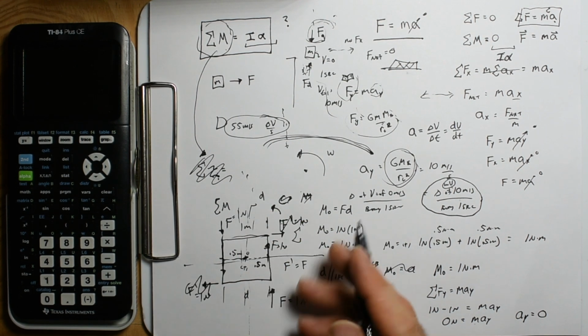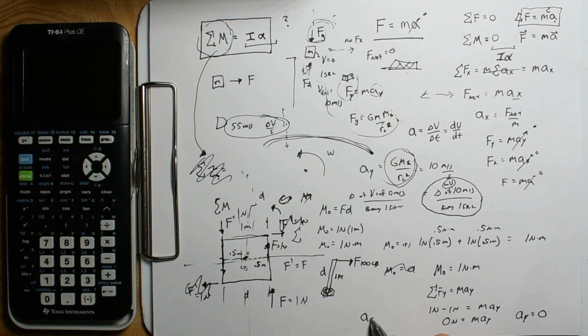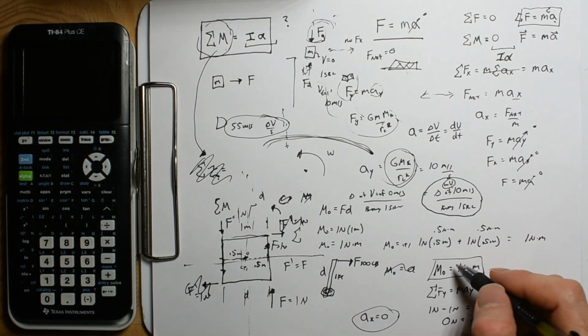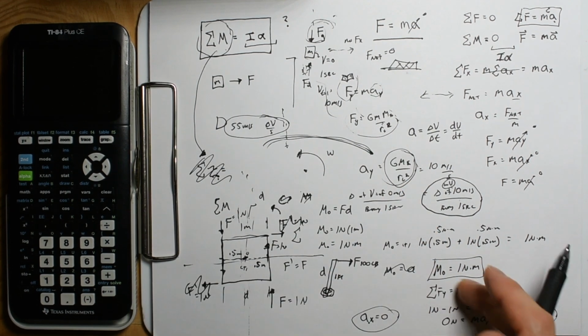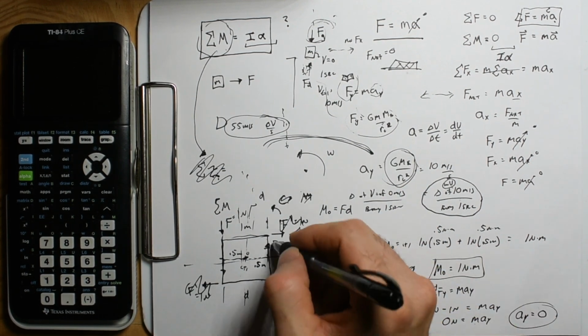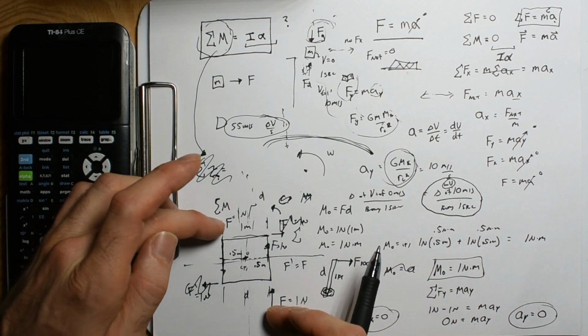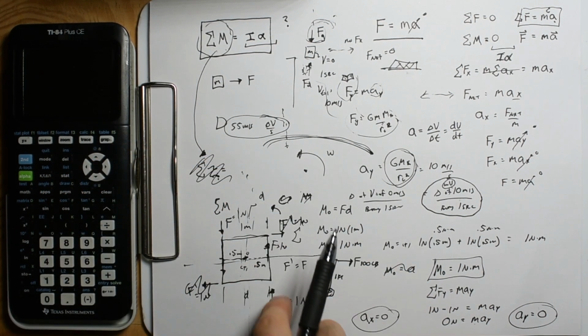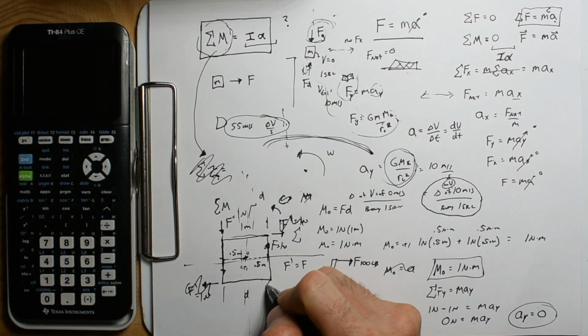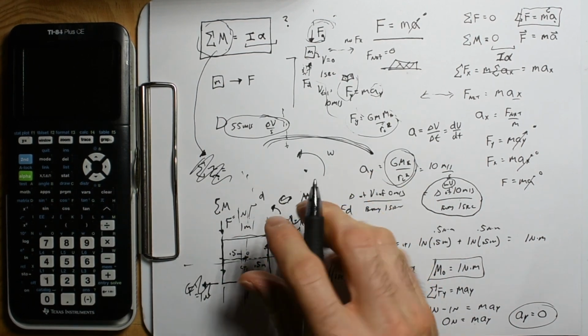We could do the same thing. There are no forces in the x. So acceleration in the x is 0, acceleration in the y is 0. But we still have motion because we have a moment. If we don't have acceleration in the x and the y in a 2D scenario, but we do have a net moment, well, guess what? It just means this thing's going to spin. And I think we can see that. We're putting a torque on this, and it would be like putting two little rocket boosters in the right direction.